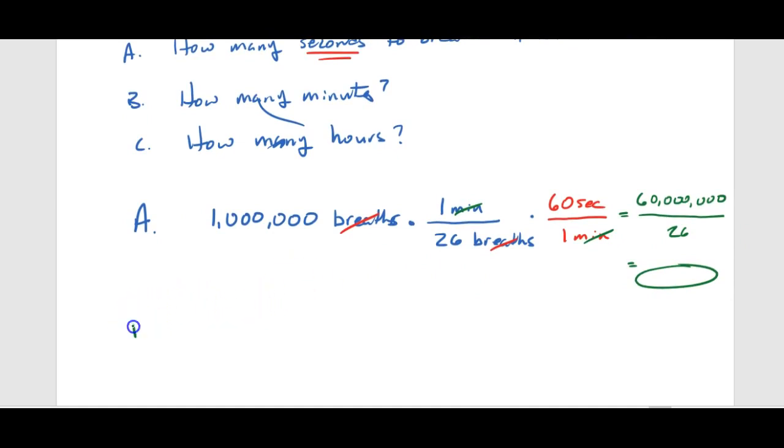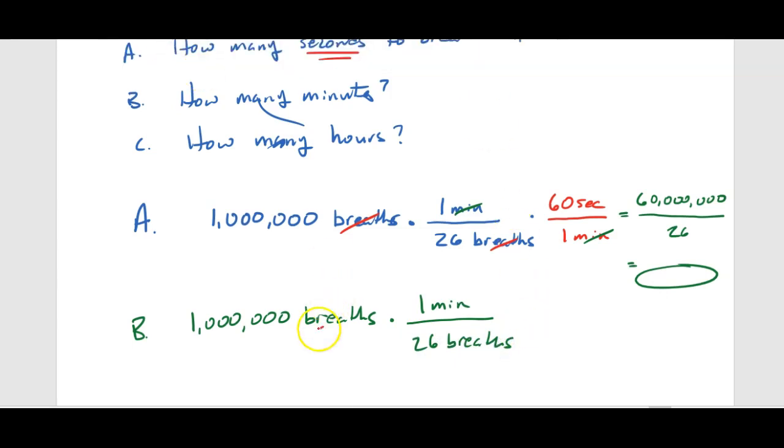I'll show you question B again. So again, we start with the 1 million, because I want to know 1 million breaths. And I have to use that ratio. That ratio is going to get used every single time, and it's going to get used every single time in this way because I need those units, breaths and breaths, to cancel each other out.